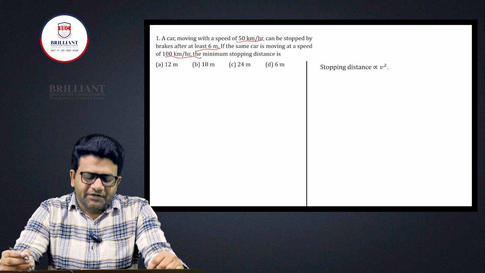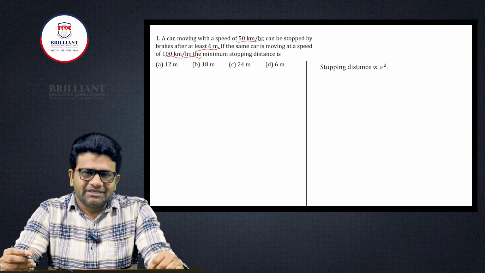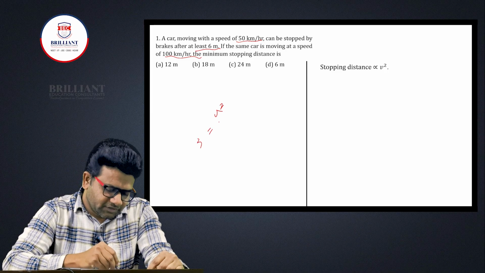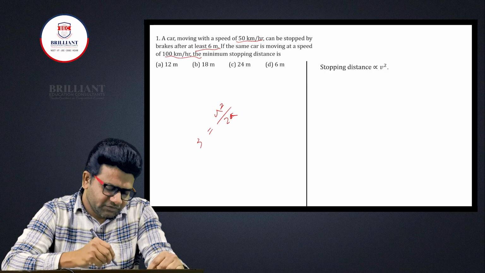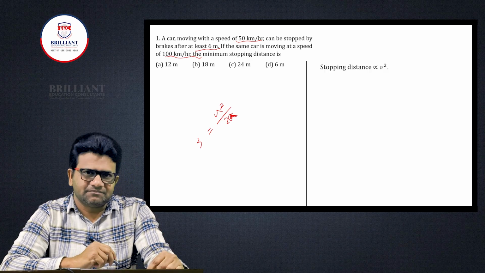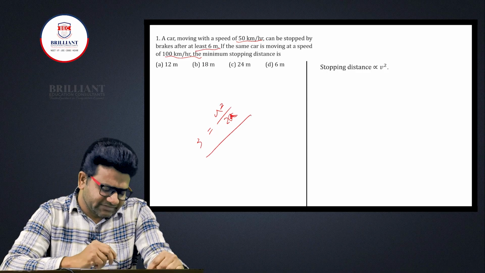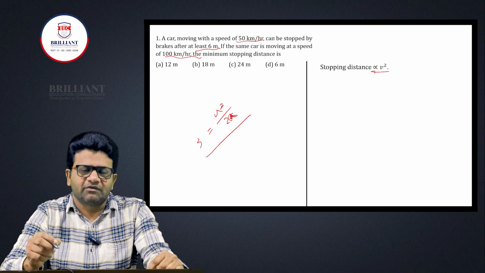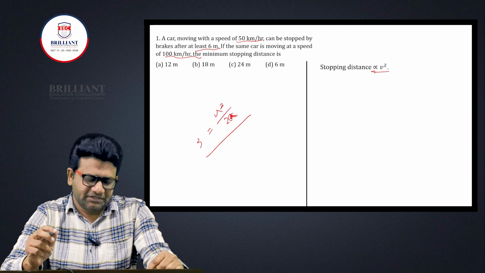To find the stopping distance, if you know the equation, S is equal to U square by 2A, where U is the initial velocity, S is displacement, A is the acceleration. From this equation you can see that the displacement is proportional to U square, the square of the velocity.